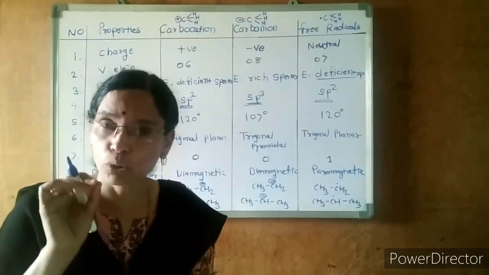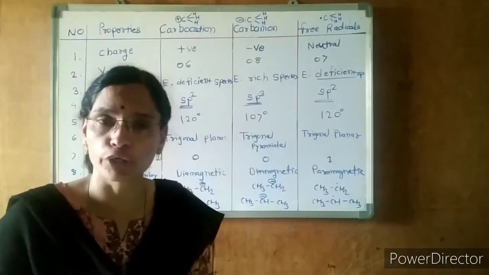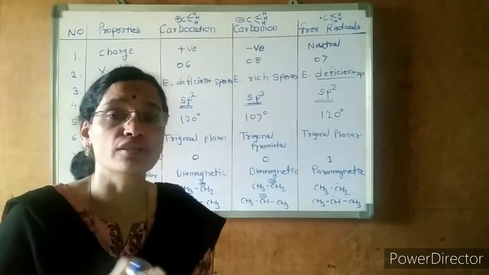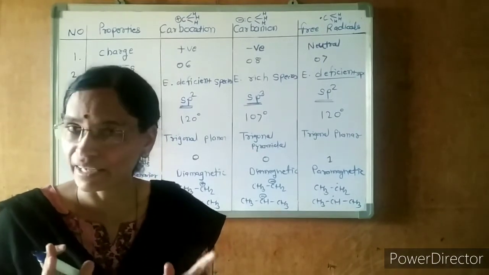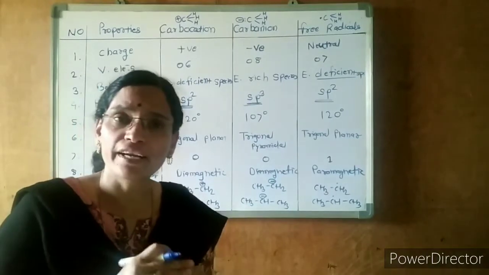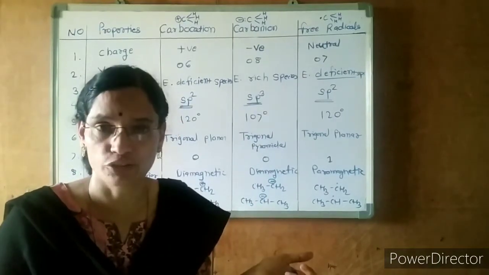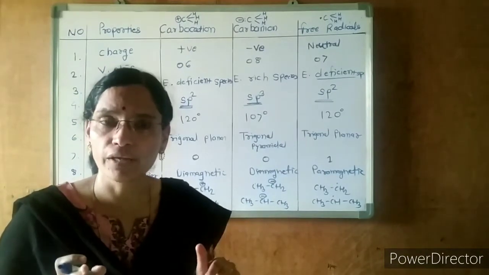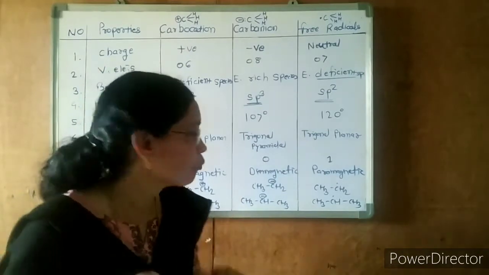If there is no lone pair in the molecule, then the geometry and shape of the molecule are the same. But if lone pairs are there, then the geometry and shape become different. Geometry will be different from the shape.